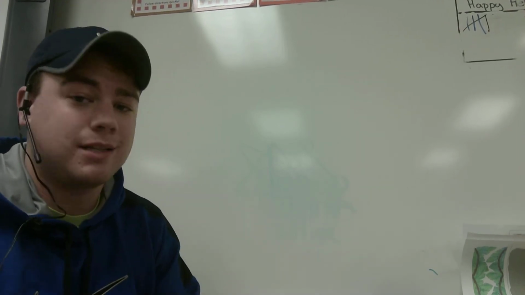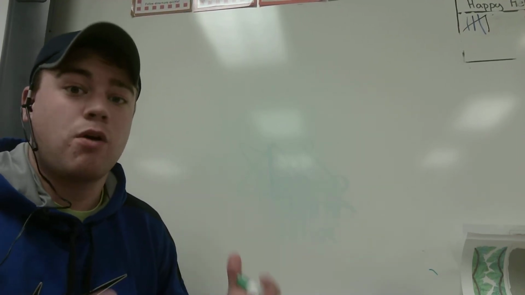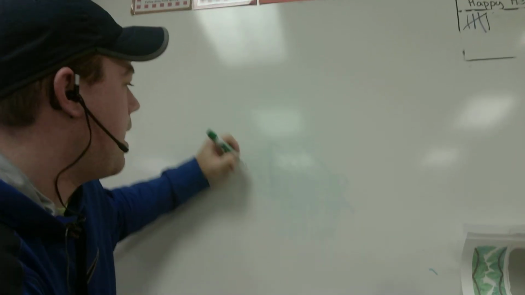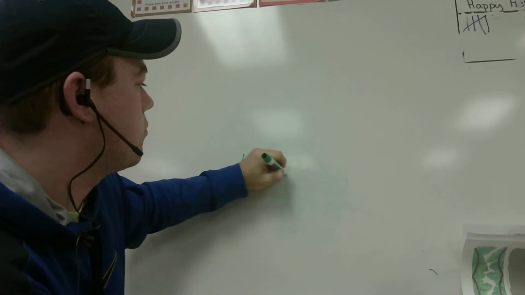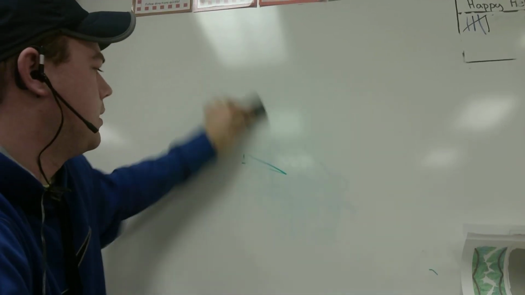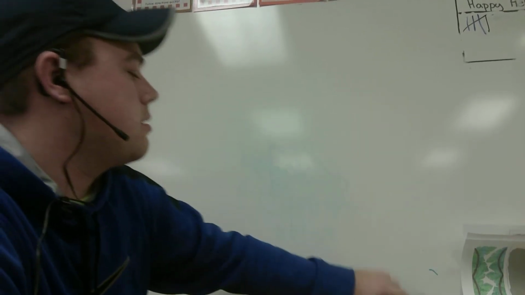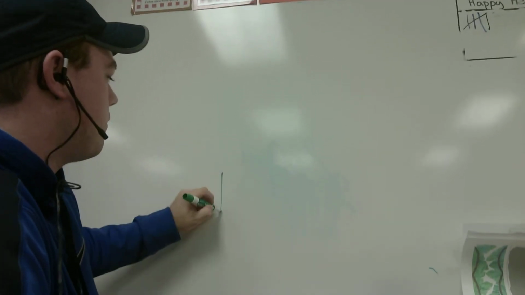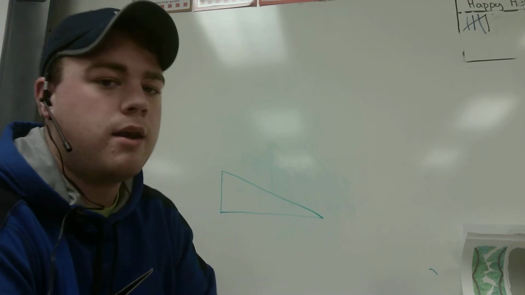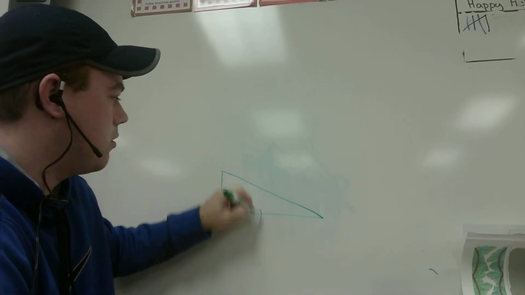So I'm going to draw this, and let me draw that bigger for you. I don't know why I drew it that small. We have this side. None of those sides are equal. And since none of them are equal, it's going to be a scalene triangle.